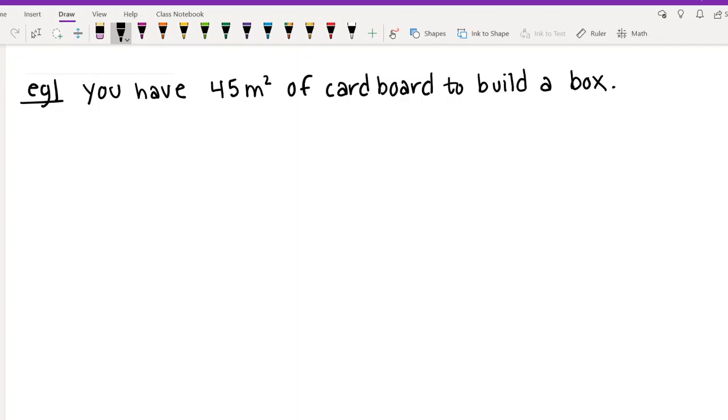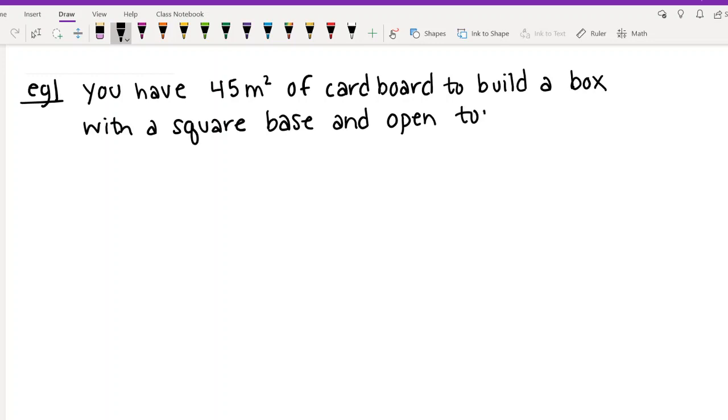We want it to be a box that has a square base and no lid. So maybe I'll add that to this sentence: to build a box with a square base and an open top. So there's no lid, it's not closed on the top.